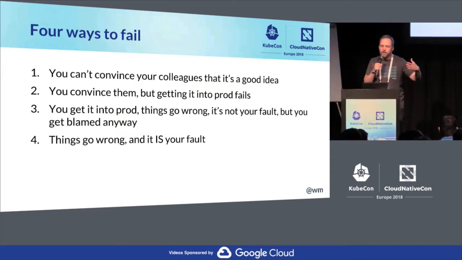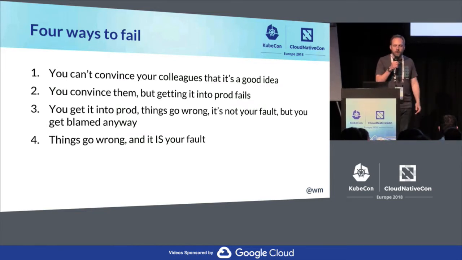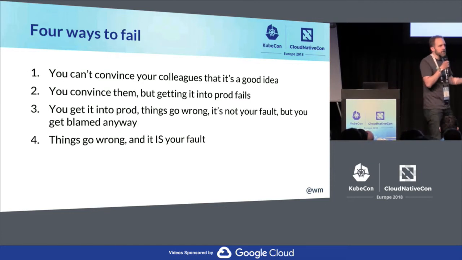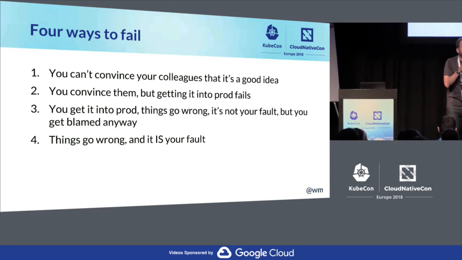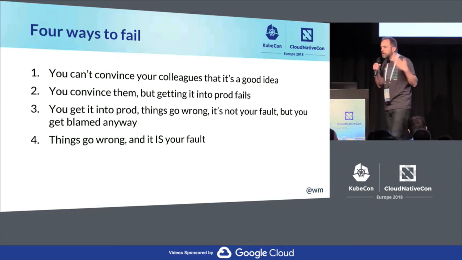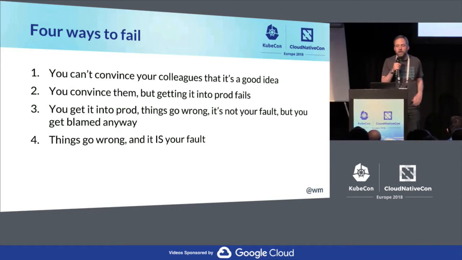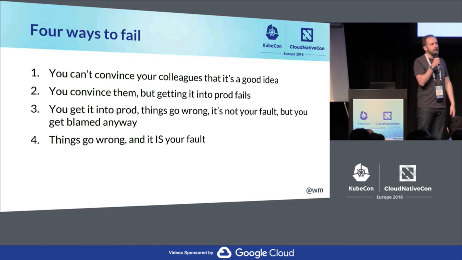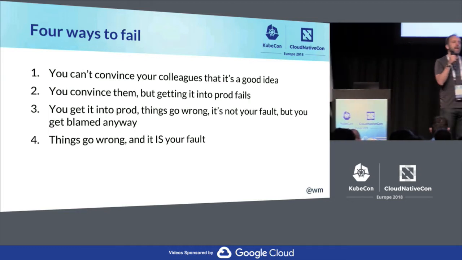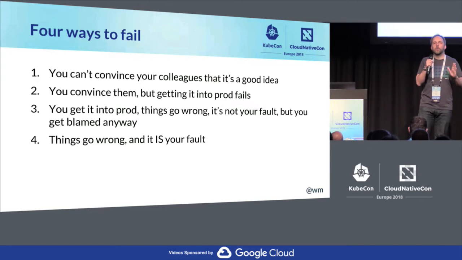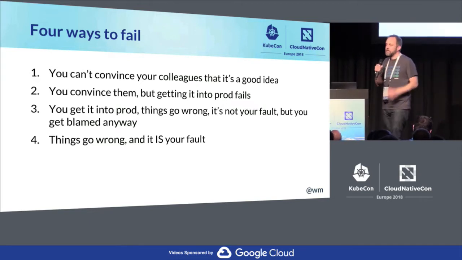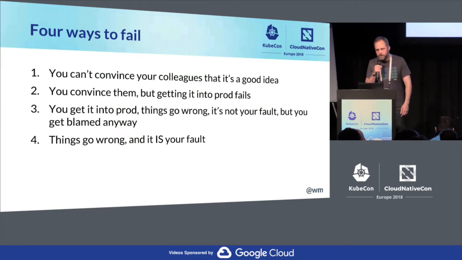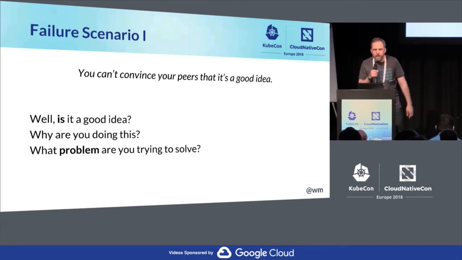The next way that getting the service mesh into prod fails is you manage to convince your colleagues, but then when you actually try and roll it out to production, something breaks and you have to stop. Failure scenario 3 is you get it into prod, and things start going wrong, and it's not your fault, but you get blamed anyways. I'm going to talk about how this happens and how it's unavoidable, but how you can survive it. And then finally, failure scenario number 4, things go wrong and it is your fault. We'll go through those one at a time.